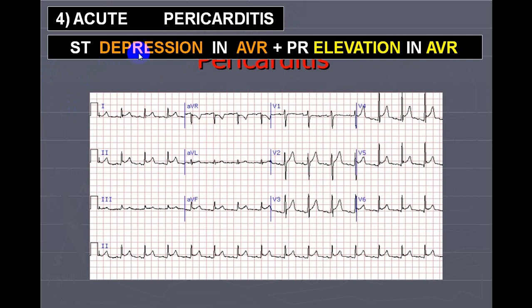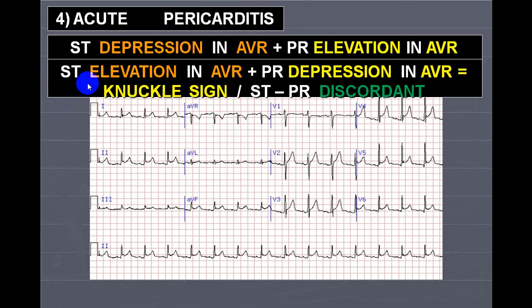So ST depression in aVR with PR elevation in aVR, it is pericarditis. Or we call ST elevation in aVR with PR depression in aVR, we call knuckle sign. That is ST and PR is discordant. So if this is discordant, this will be more in favor of a right atrial infarct.